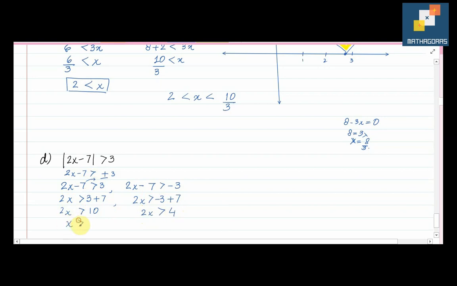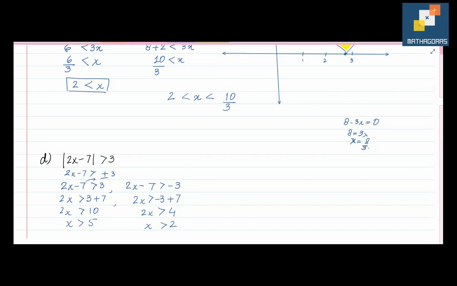X should be greater than 10 divided by 2, which is 5, and x should be greater than 2. So these are the two values of x, right? And now in this question you can see that the sign is greater than. So can you give it a try, do it by yourself, and tell me the sign you are using for the inequality.